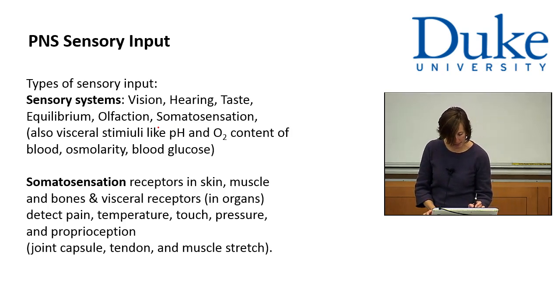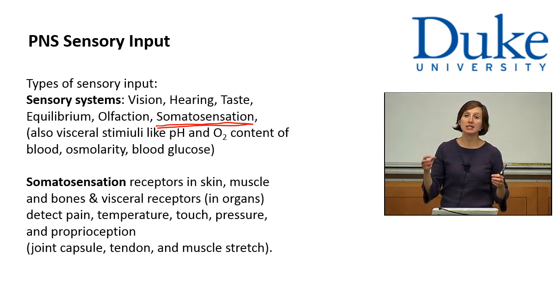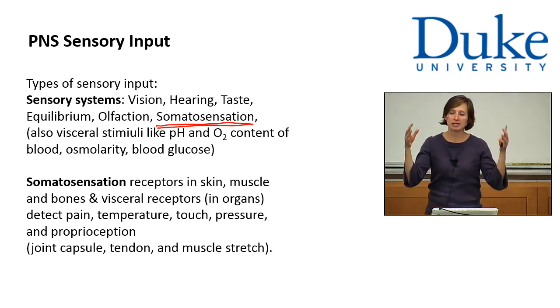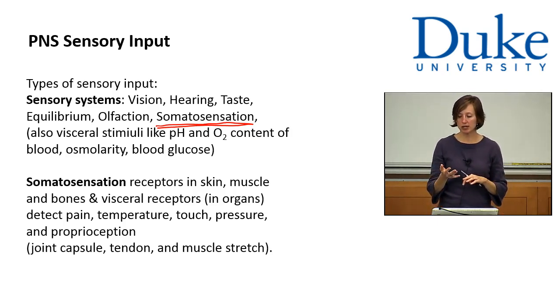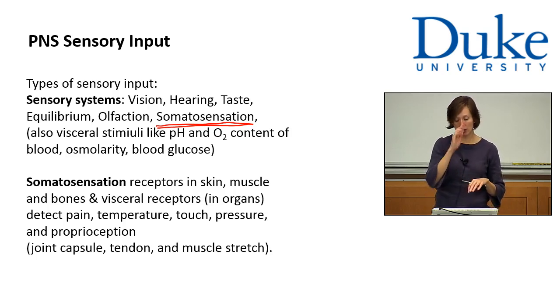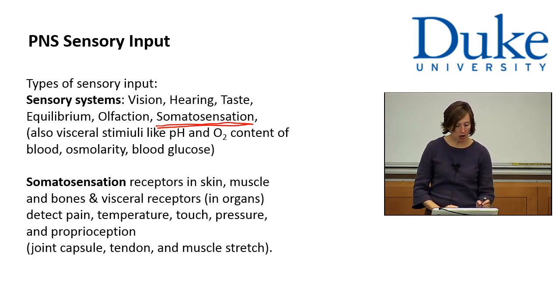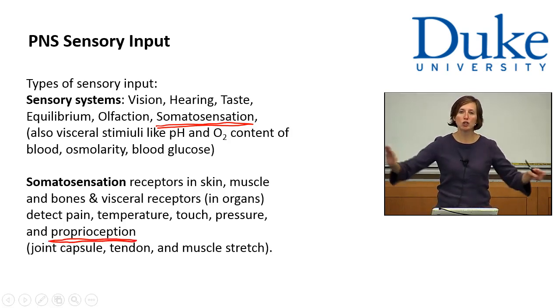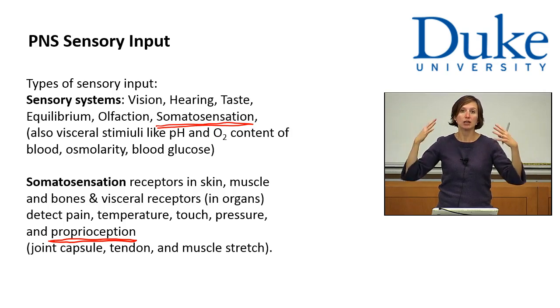Another one is somatosensation, which is based in the body. That's why it's somato. These are things like touch, pain, and temperature in the skin, as well as other organs. Part of somatosensation is also proprioception, which is how you can know where your body is in space without necessarily using your eyes.